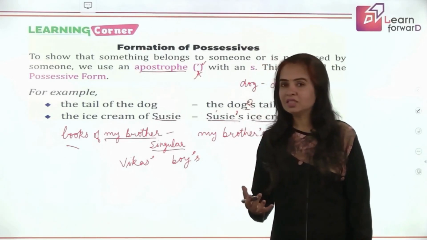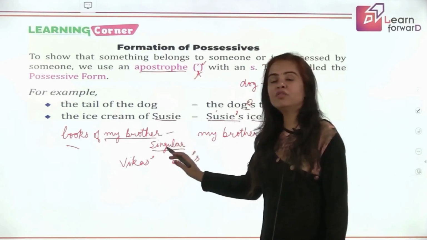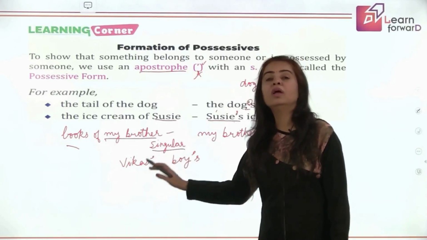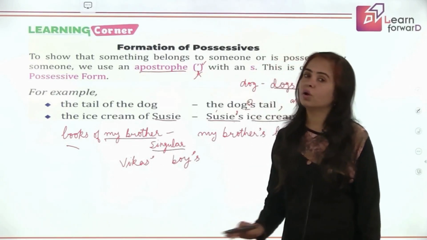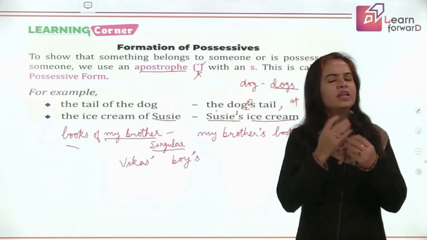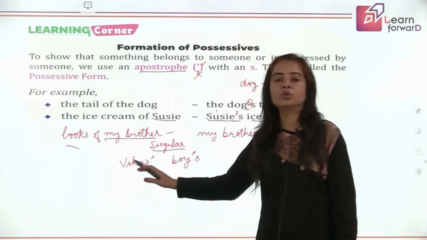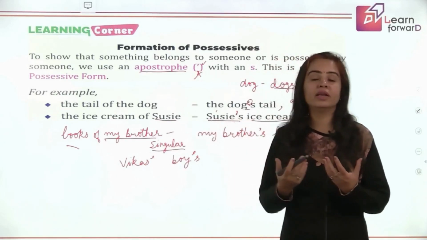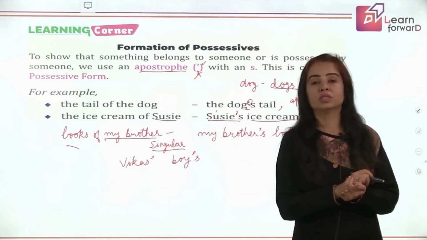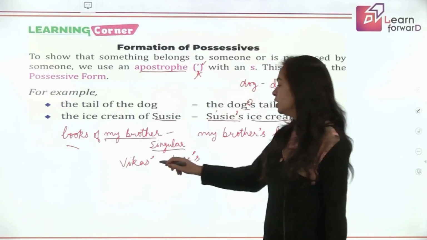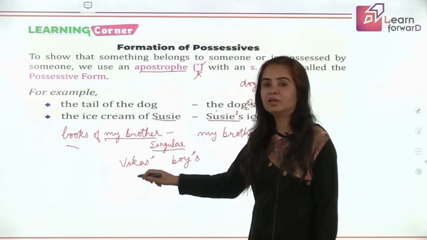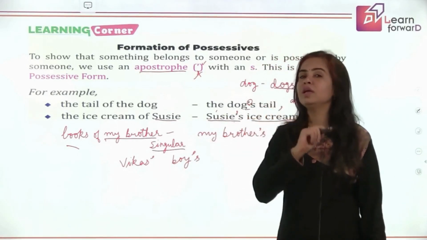Should I repeat? Okay. First of all, we will see whether the noun has S at the end or not. Leave even singular and plural aside. Just see whether your noun for which you are showing the belongingness, the word that gives the answer to the question whose, has S at the end. Yes, then you put only an apostrophe.